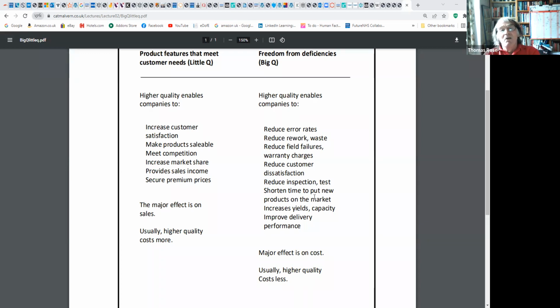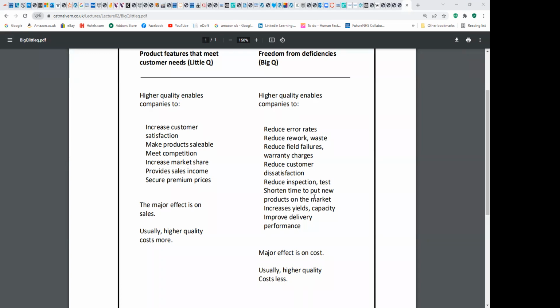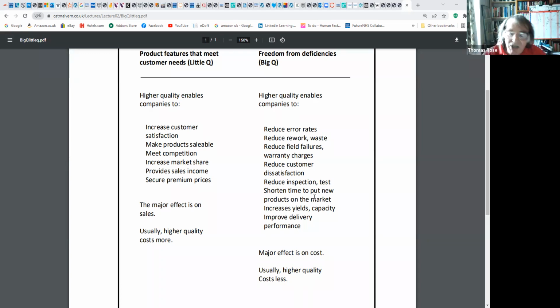So when you look at these two definitions, little q and big Q, little q is predominantly how the NHS interpret QI. So a lot of the QI projects are aimed at improving the product features of the service that's being delivered.